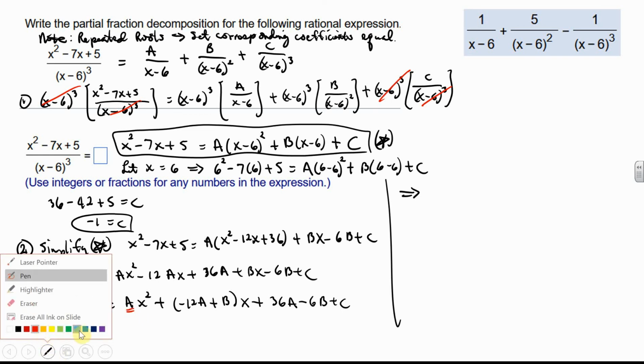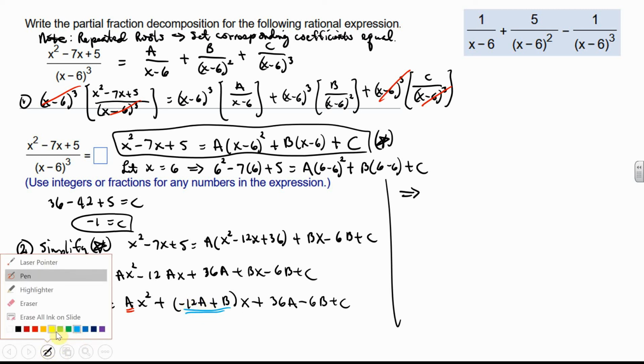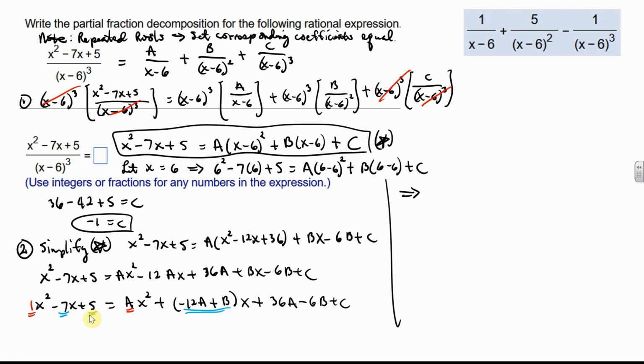I'm going to then set the coefficient for x, which is negative 7, equal to the coefficient of x over here, which is minus 12a plus b. And then the constant, which is c, I'm going to set here the 5 equal to the constants over there. Corresponding terms set to be equal.